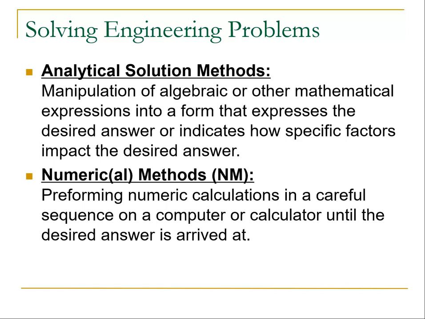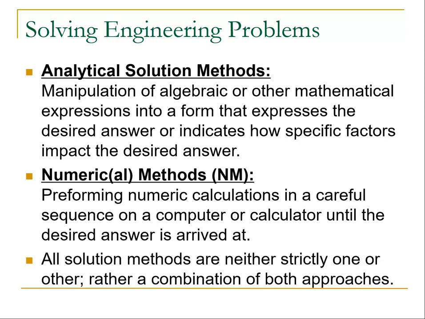Solutions or solution methods are not strict. That's what we were just saying. They are really a combination. You need both methods to appreciate how a system behaves and predict an outcome or determine or estimate a cause.